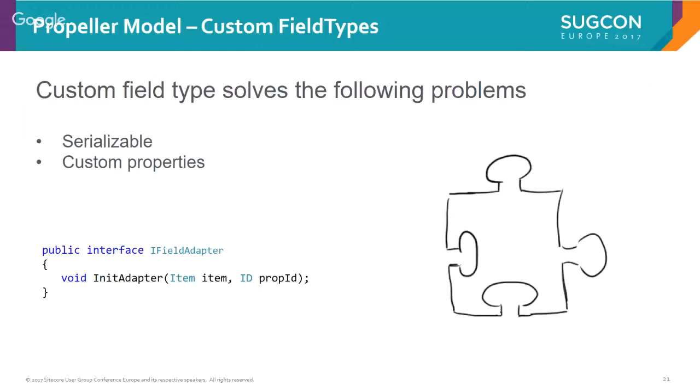It has the Sitecore item, and it has the identifier to the field that you want to extract. And from there on, you can bolt on any properties that you desire, and then you just go into this method and implement the extraction of the data that you're interested in. And as long as you don't bolt all kind of crazy stuff on it, it will also be serializable.